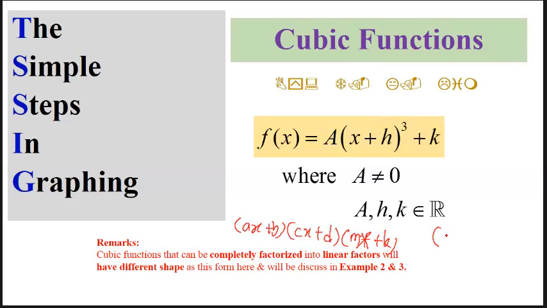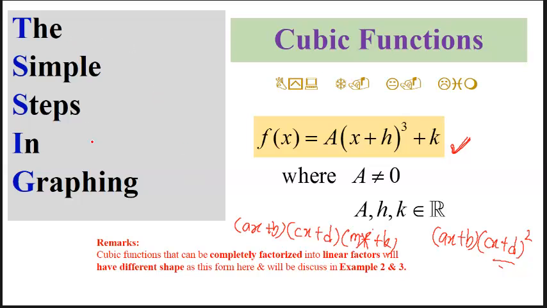Or maybe I can have it factorized into 2 linear factors where one of them happens to be repeating, for example like this. Anyway, in the intro we will focus on this type of form. The other two types we will see the techniques of sketching in examples 2 and 3 later. Maybe it will be slightly different from this technique, the simple steps in graphing.